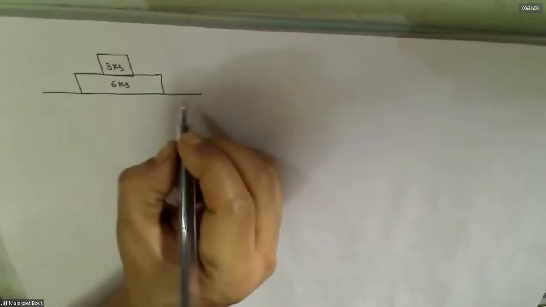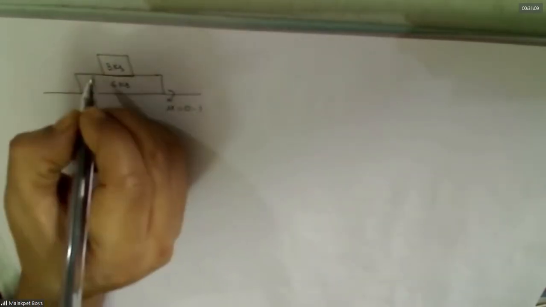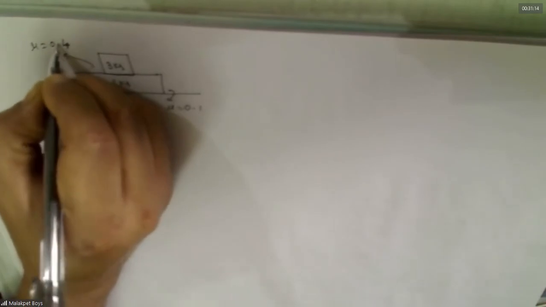Let us see the numerical aspect of these questions and let us review this. See, this is a 3 kg block. On this, there is a 6 kg block. In the ground, mu is 0.1 given. These are values given.